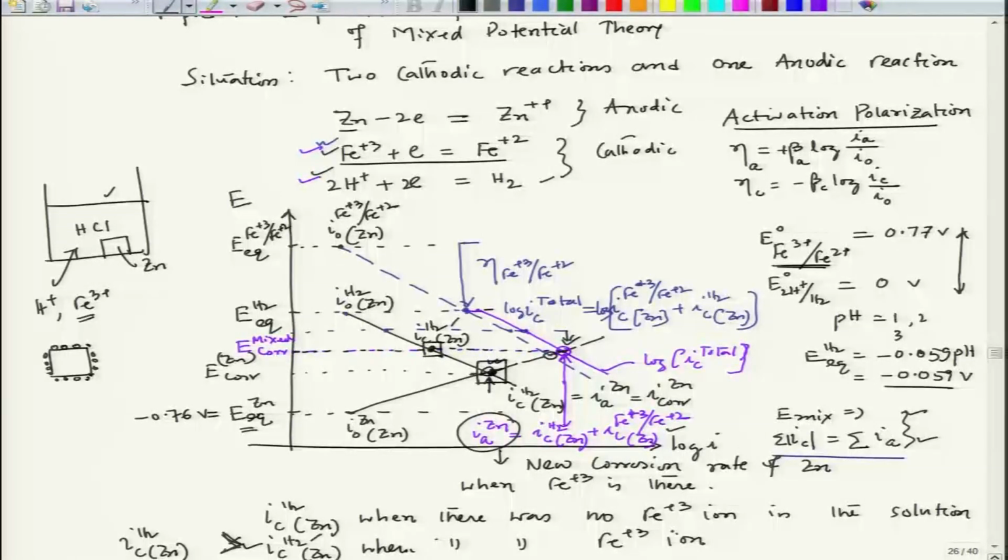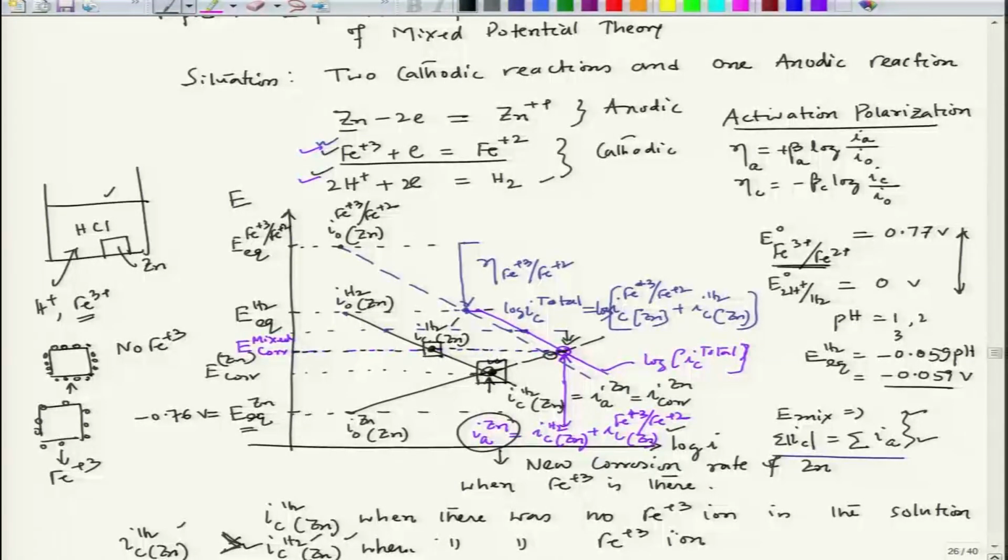This is the case when there was impurity and this is the case when there was no impurity. Since the rate of hydrogen evolution is low on the zinc surface, because the current density corresponding to hydrogen evolution at the new E corrosion mixed is less, we would see that the hydrogen evolution on the surface is much less compared to this. So, here we have Fe plus 3.